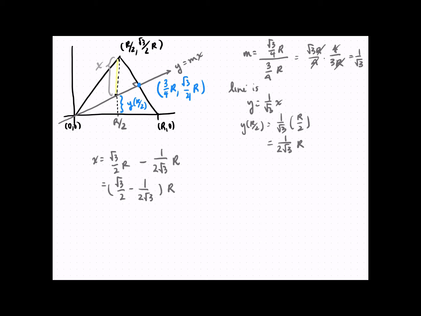And then I'm going to find a common denominator. So I'm going to multiply the top and the bottom here by a root 3. And so I get 3 minus 1 over 2 root 3 all times r. That's 2 over 2 root 3. That's 1 over root 3 times r. Okay, so that's what I just found. This distance right here is 1 over root 3 times the side length.